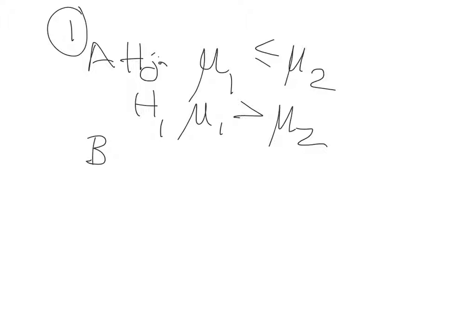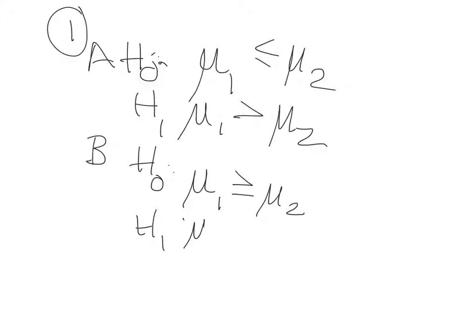Okay, in the second case, you'll have H0: mu sub 1 greater than or equal to mu sub 2 versus H1: mu sub 1 less than mu sub 2. And then, of course, the third one is equals, not equals.